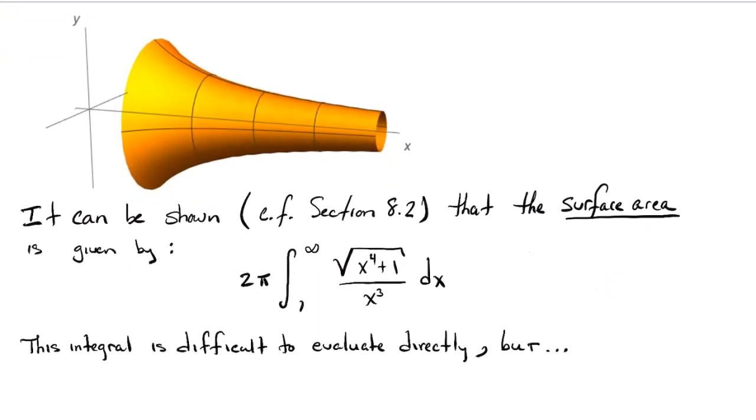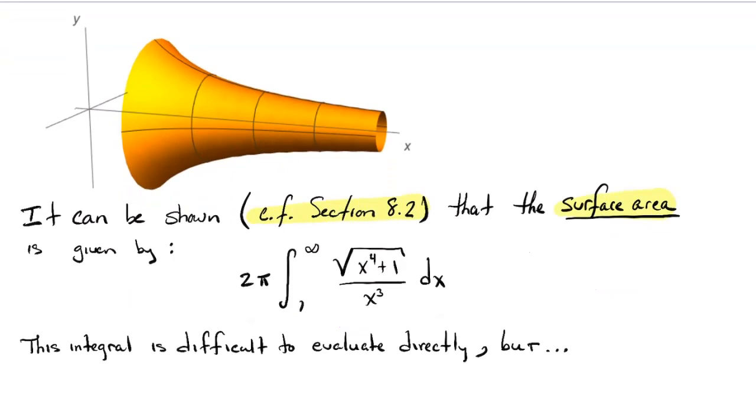We're not going to cover this in this particular section of Calculus 2, but in section 8.2, there's an application of the definite integral called surface area of solids of revolution. In that section, it can be shown that the surface area of this solid of revolution is given by the integral that I've got written in the middle here. I'm not deriving it here, but it's given by that integral.